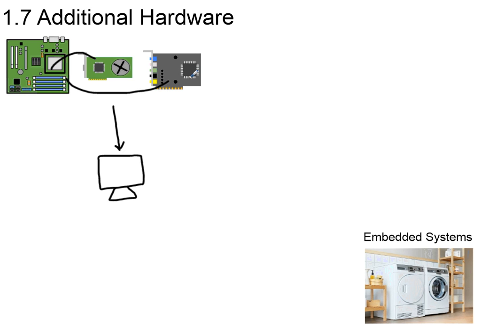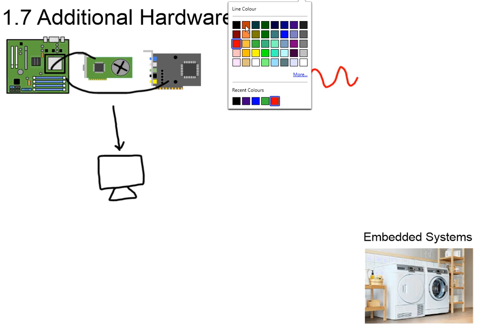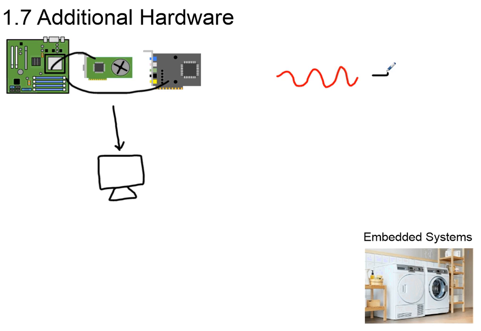And another type of expansion card is a sound card. So the sound card converts your analog waves. So if I'm singing into a microphone, as I never do, it will convert that into digital data, binary. Remember that computers can only understand and use binary numbers.